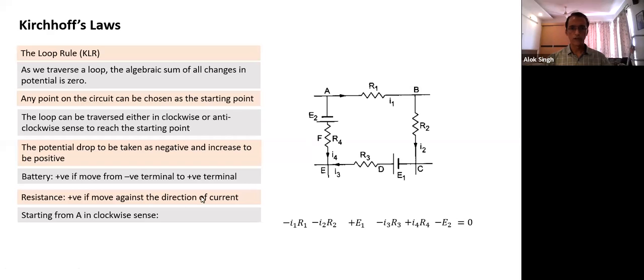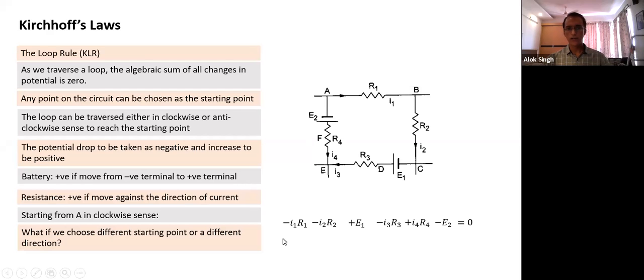Both are fairly simple. Now, we started from point A. Somebody may say I could have started from somewhere else. What will happen if we choose a different starting point? Suppose I started from B. The first term would have been this term, and the next terms this one, this one, this one. The only thing is, the term minus I1 R1, which is coming in the beginning, would have become last.